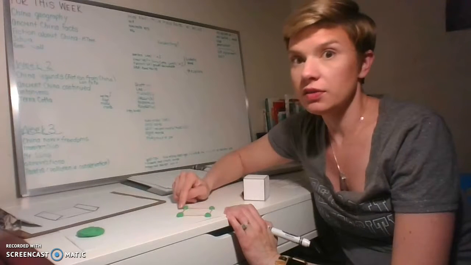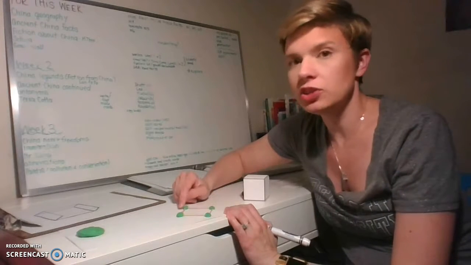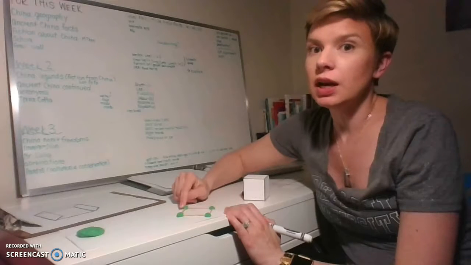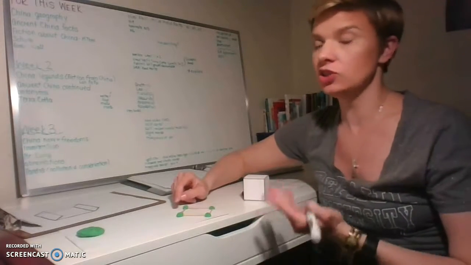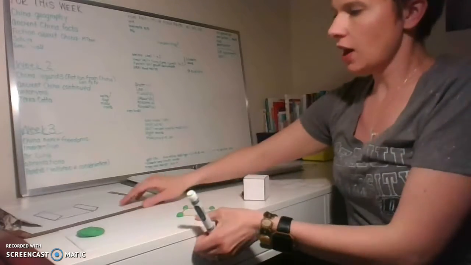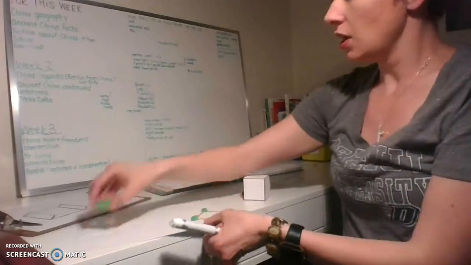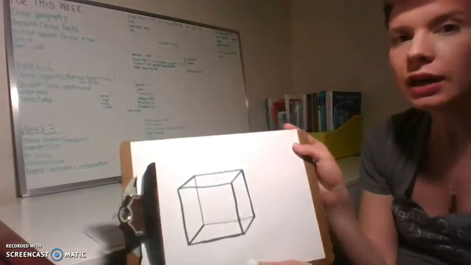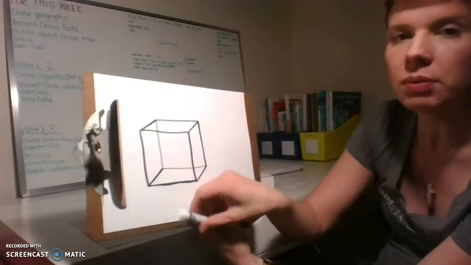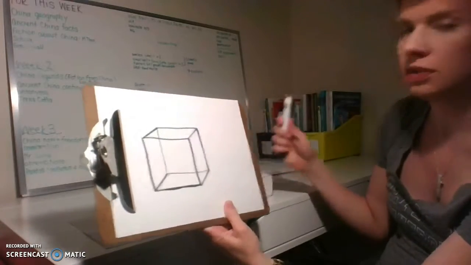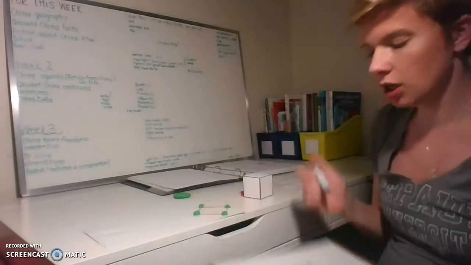My square is a flat shape or a plane shape that I can build up to make a solid or 3D shape. Now, if I look at my cube, I can find out how many toothpicks I'm going to need by counting the edges. Let me open my marker.